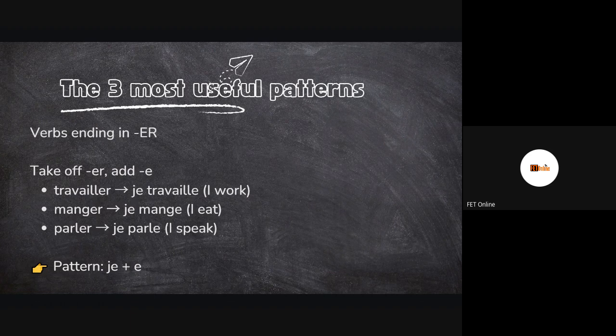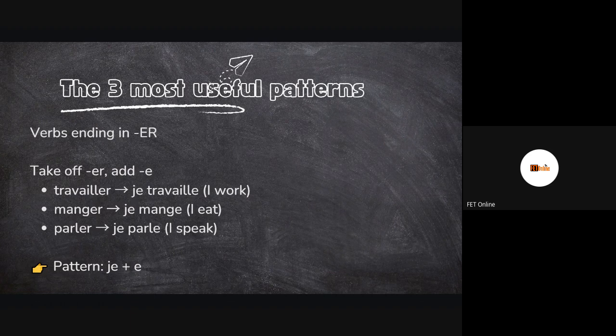So for example, you have the verb travailler, which means to work. If you want to say I work, all you have to do is remove the ER and add E, and it becomes je travaille. Manger, the verb to eat, becomes je mange.